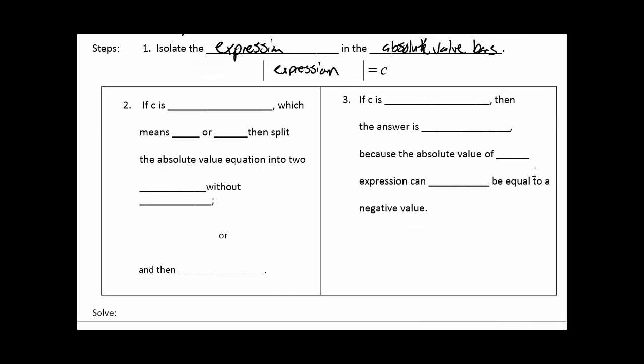Then one of two things is going to happen. Firstly, if the constant is non-negative, which means it is either a positive number or 0, then we split the absolute value into two different equations without the absolute value bars.